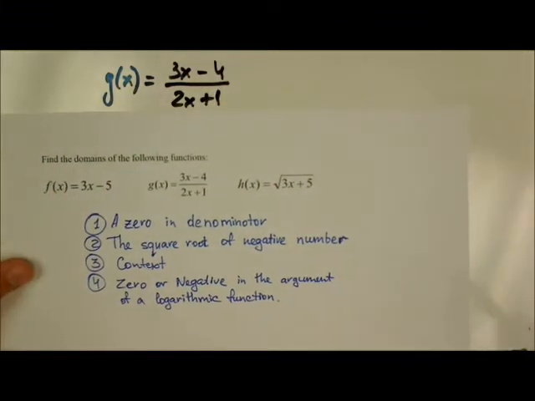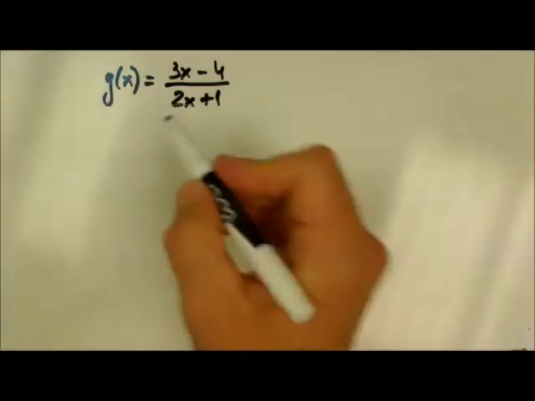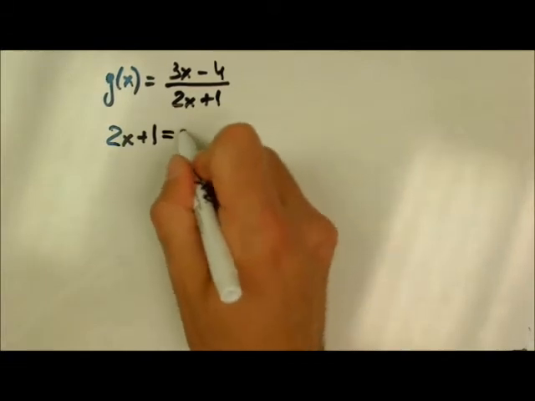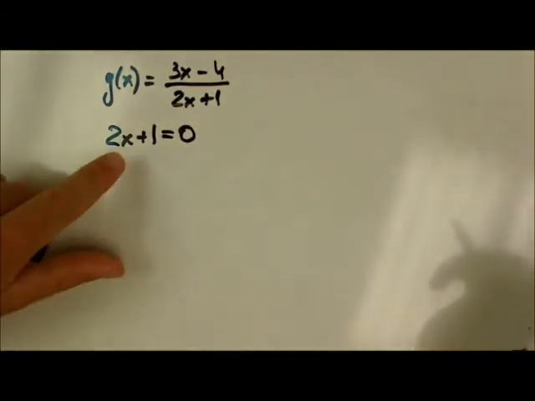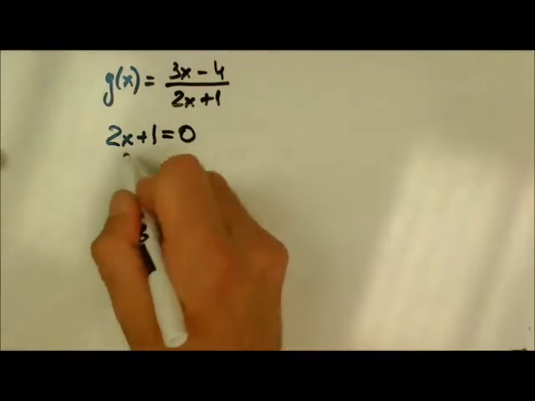What we can do, we should find the value of x when this denominator is equal to 0. To do it, we take the denominator, which is 2x plus 1, and set it equal to 0, and find the value of x when it happens. Just solving a simple linear equation.